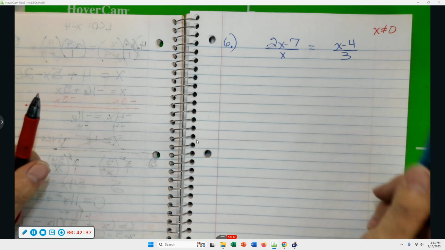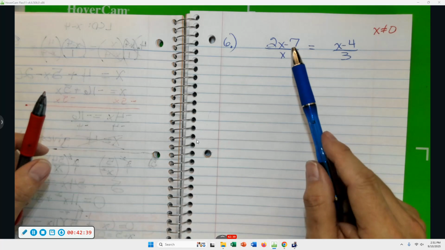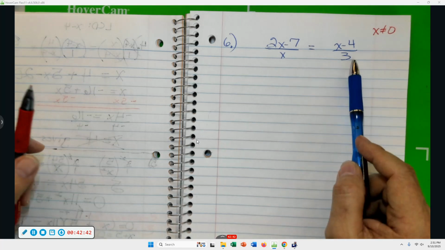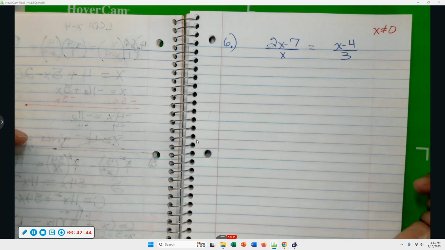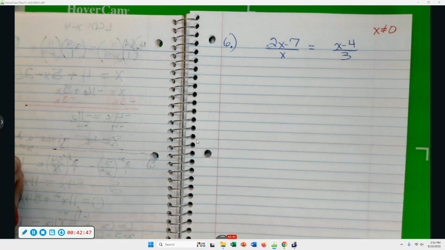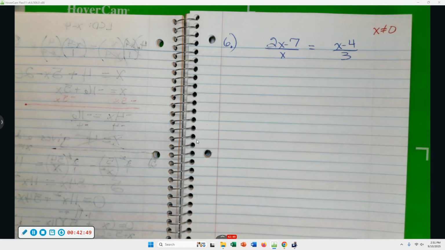There's another method of solving proportions when you have one fraction equaling another fraction. When we get to the cut point method of solving inequalities, it seems like we've run into these proportions more. So I want to show you how I solve these proportions. There's a name for it that you may have seen. What is that name? I'll get us started. The first word in the name is cross.